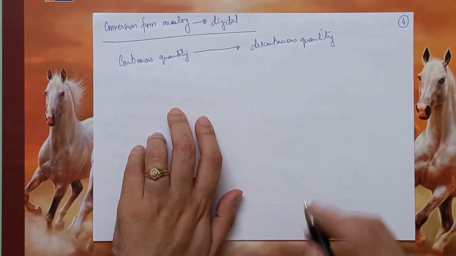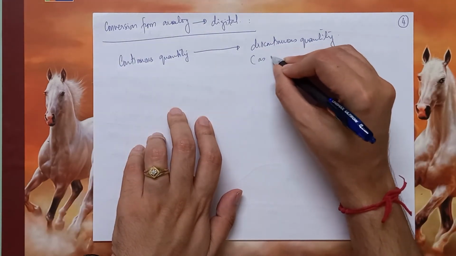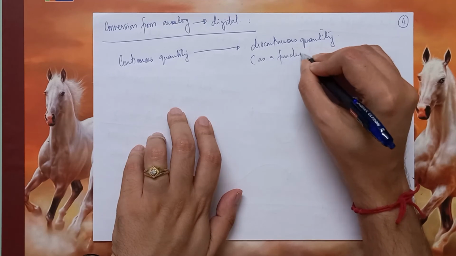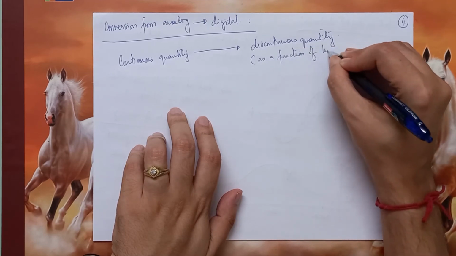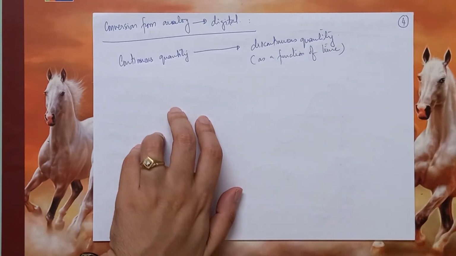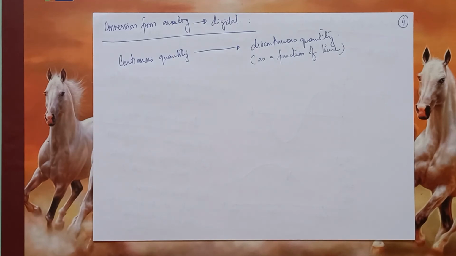When I say discontinuous, I mean as a function of time, because we need a finite number of time points to store that data.